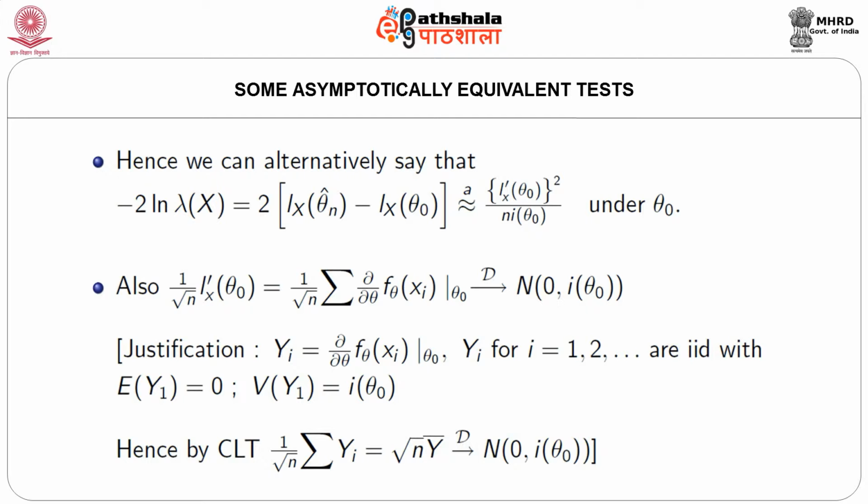Hence, by using Lindeberg-Levy central limit theorem, we can easily say that 1 by root n times summation yi, which is actually nothing but root n times y bar, converges in distribution to normal with mean 0 and variance I theta naught. Hence, the asymptotic distribution is justified.